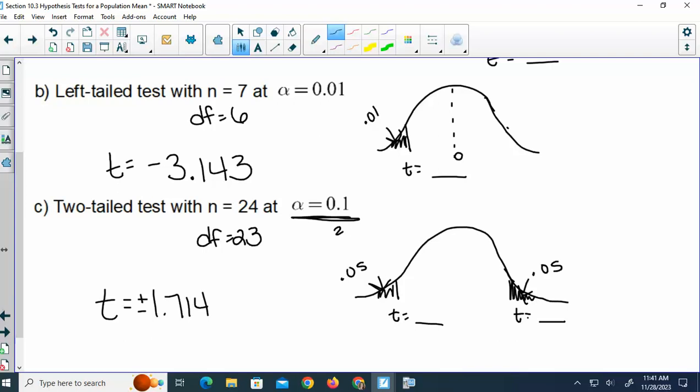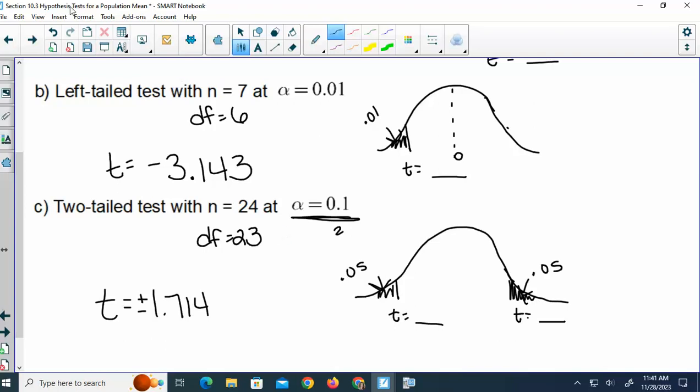If it makes sense to you, great, you can use it. I tend to use the calculator more on these, just because with our t-distribution, we are very limited here. We only have certain probabilities across the top. We only have certain degrees of freedom. So using the table on this, especially if you have a bigger sample, it's not very accurate. So for the most part, I do these on a calculator, but we'll talk through how to do them by hand as well.